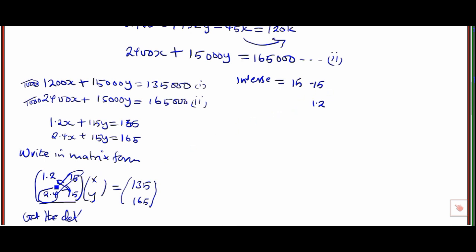Here 15 was positive, it becomes negative. Here 2.4 was positive also, it becomes negative 2.4. Then you divide that by the determinant, and this can be written as negative 1 over 18 times 15, negative 15, negative 2.4, 1.2. So this is the inverse of that matrix.